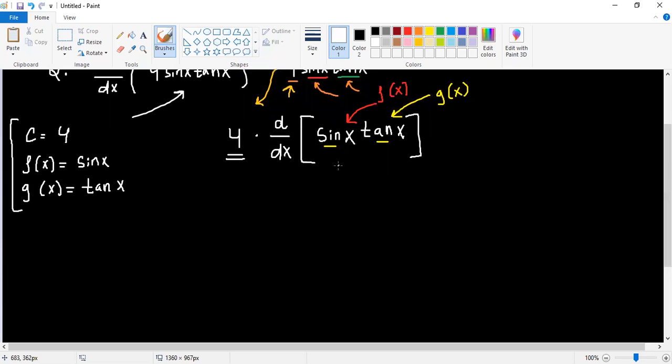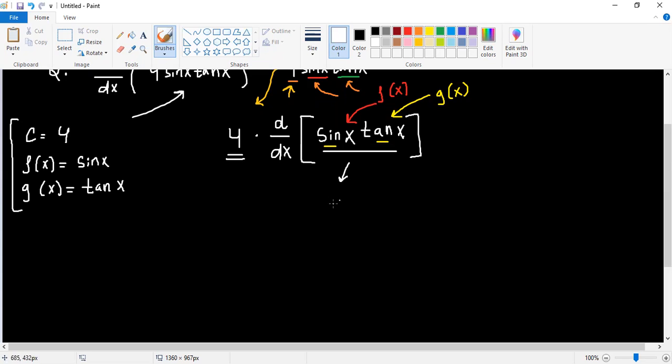But what we do need to worry about is this particular portion here, and there is a systematic way of solving this. The rule is the product rule.